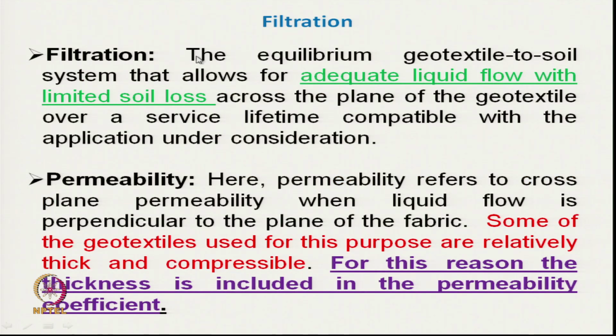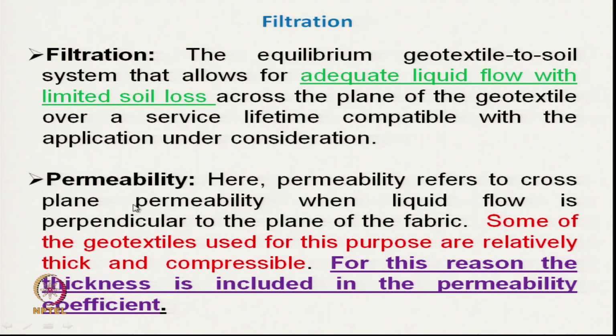So, filtration is the equilibrium geotextile to soil system that allows adequate liquid flow with limited soil loss. I have already mentioned that a proper stable structure should be formed to have long term filtration behavior.